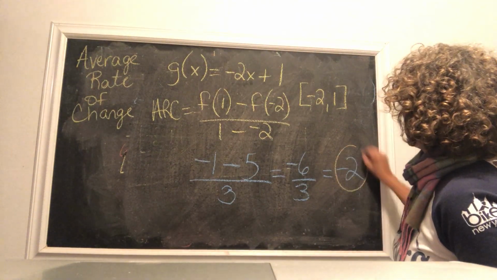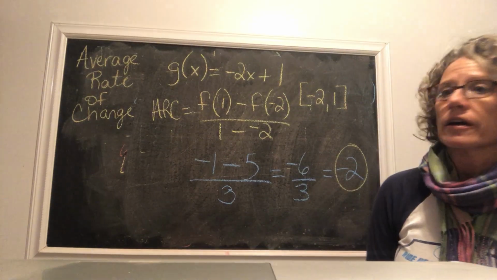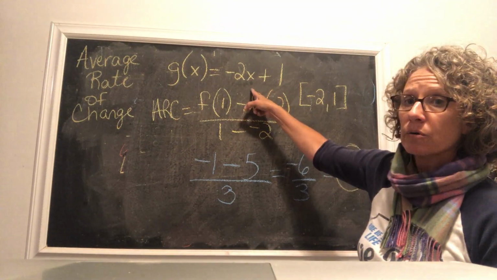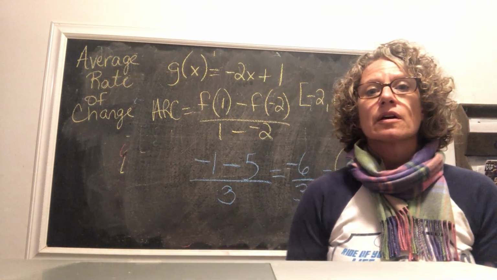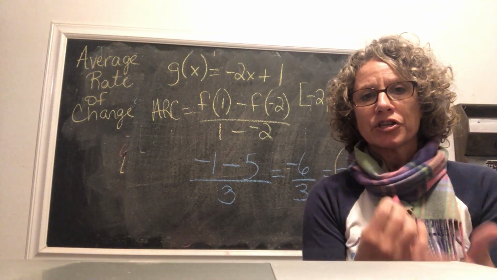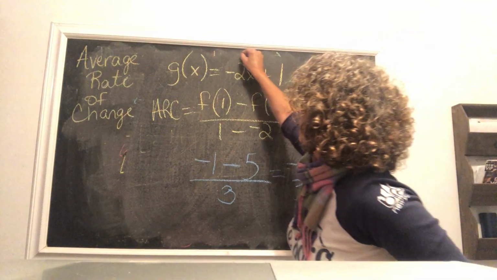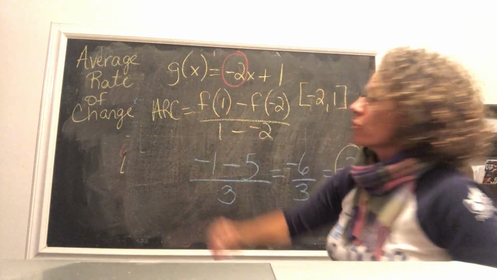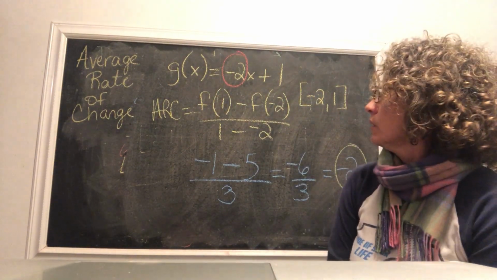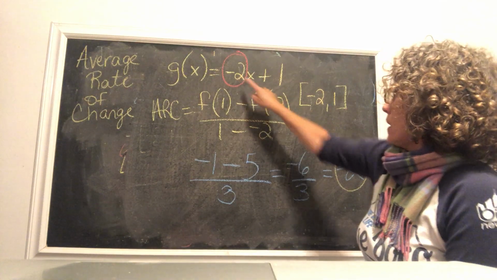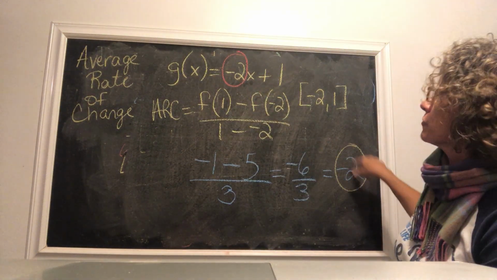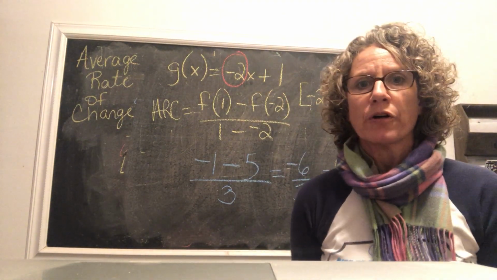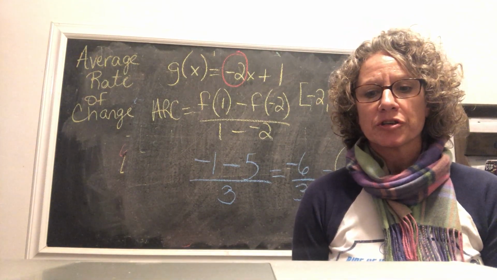Now this negative 2 is no surprise, or it shouldn't be a surprise, because since it's linear, what do we know about linear functions? The average rate of change remains constant. And we have the coefficient of the linear term, negative 2, and this negative 2 are the same negative 2. Basically the slope of the function when we're dealing with an average rate of change.